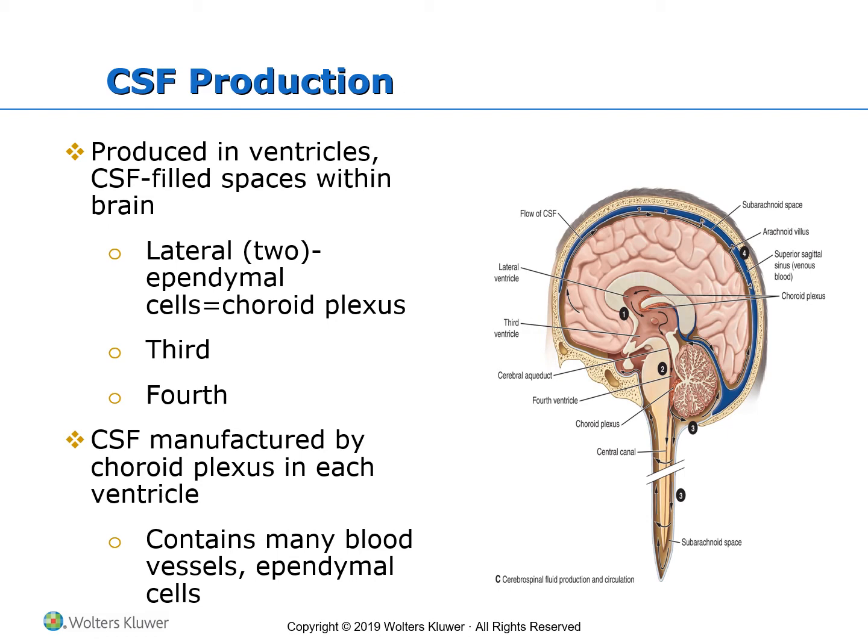So only a little bit of the CSF will run inside the spinal cord. The rest of it will flow around the spinal cord, and if you follow the arrows, you see what I mean. The rest will cover the spinal cord and will get down from the dorsal side of the spinal cord up to the end of the subarachnoid space at the end of the spinal cord, and will be pushed upwards on the ventral side of the spinal cord back towards the brain.